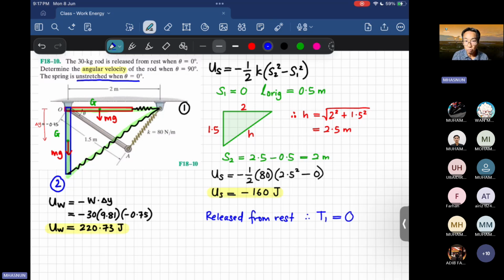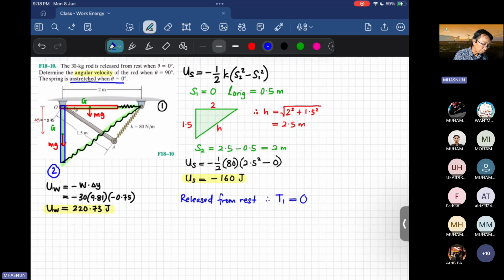Very important for you to write down T1 is equal to 0, because this will give you marks, and I need to know that you know T1 is equal to 0. Do not assume that if you do not write the value of T1 equals 0, I will give you marks, because if you do not write, then I cannot give you any marks in the test. So that is the initial kinetic energy T1.